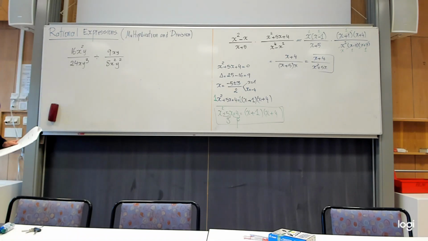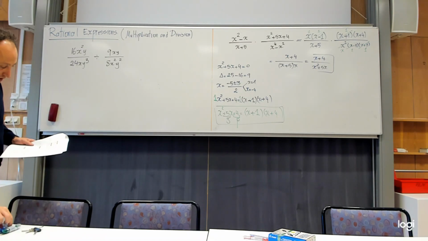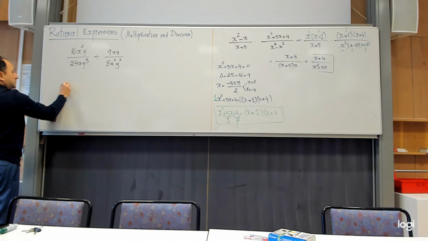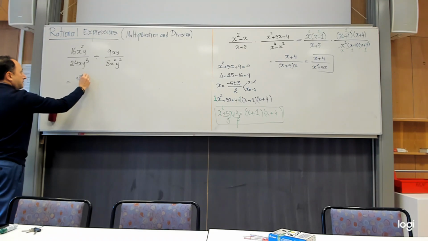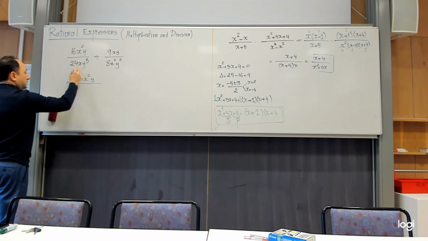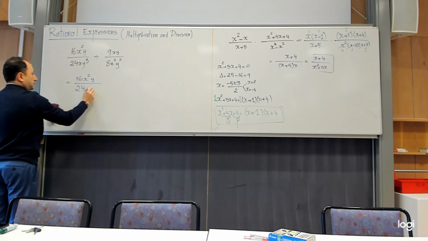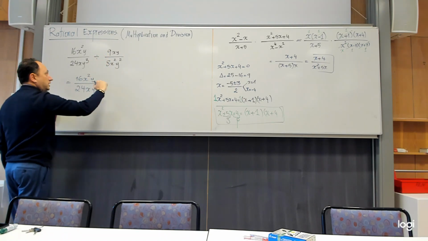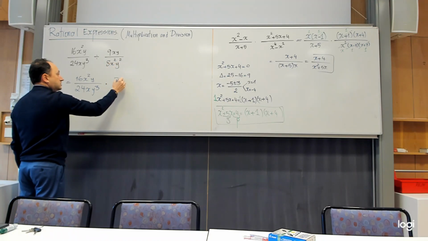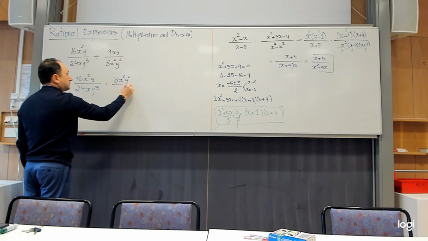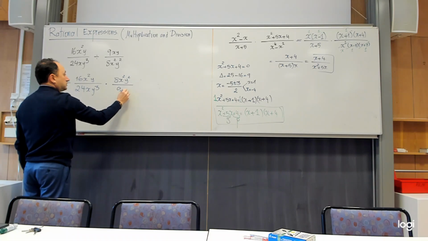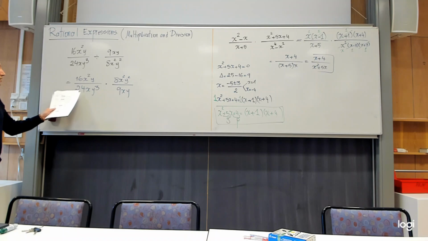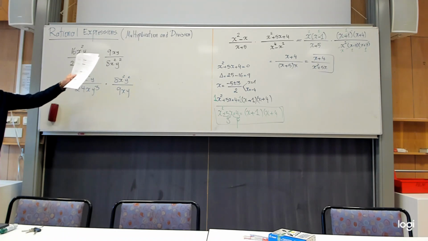It's a very, very simple one, of course. So what I'm supposed to do, I would write the first fraction as it is, and then I change this to multiplication and I write the reciprocal, which is 8x squared y squared divided by 9xy.